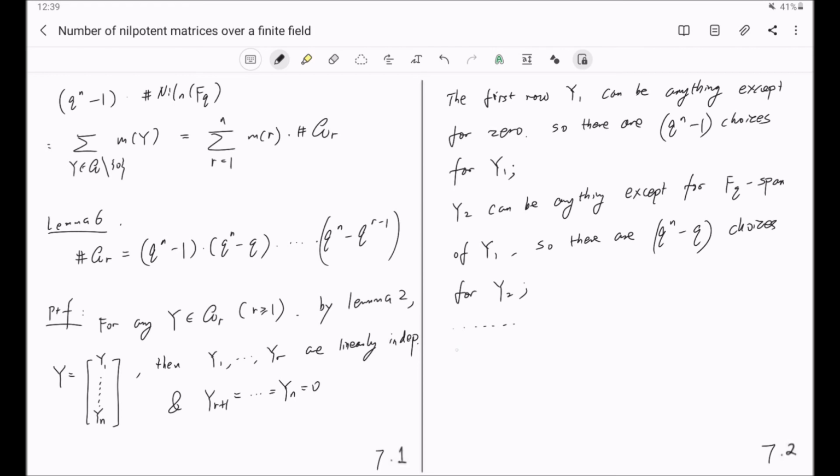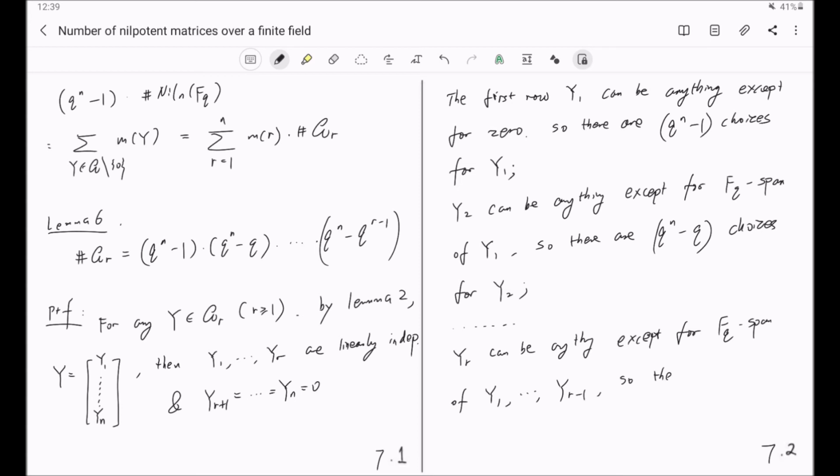In the end, y sub r can be anything except for the Fq span of y1 through y sub r minus 1.